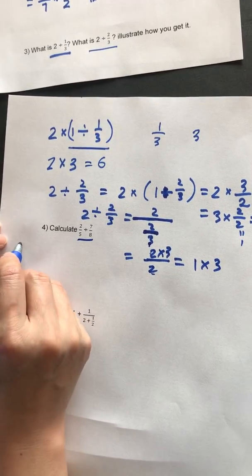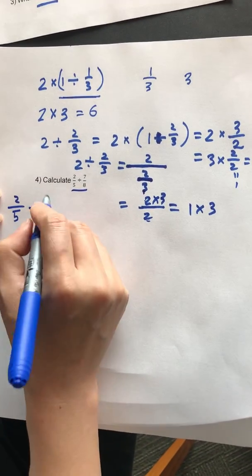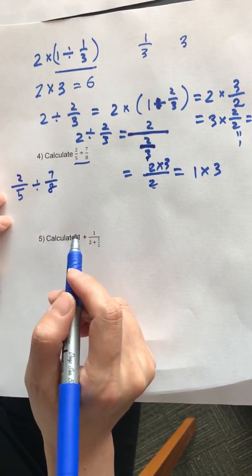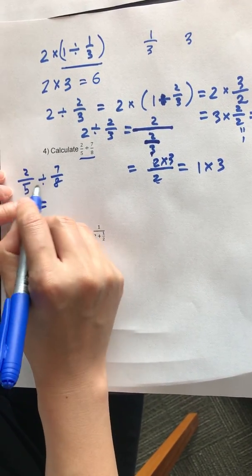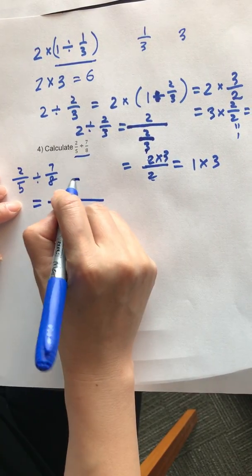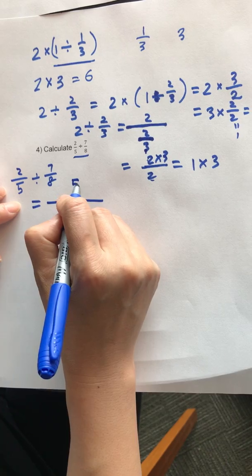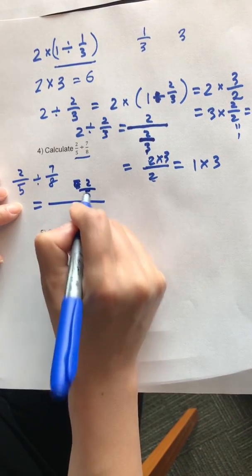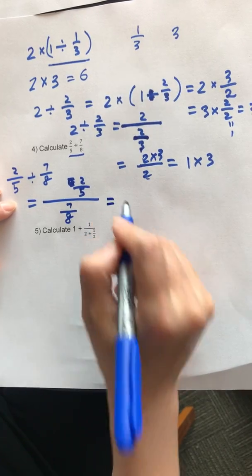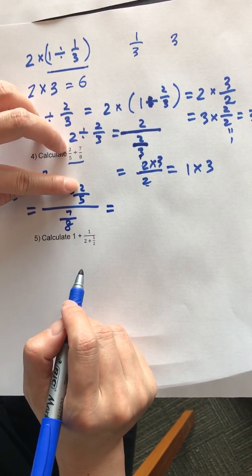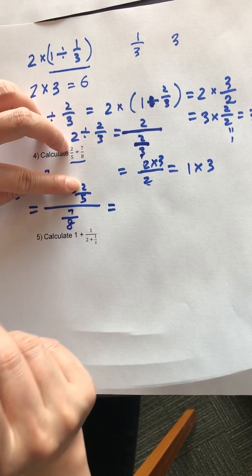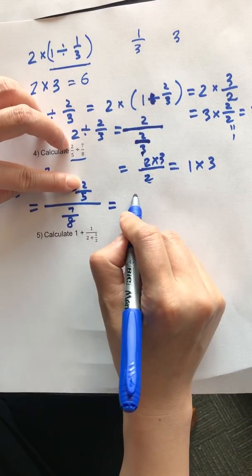So this one, calculate 2/5 divided by 7/8. We want to try to practice this method. So write this whole operation in fraction form: 2/5 divided by 7/8. In this case, 2 is still on top. You divide 5 once, so 5 remains in the denominator.